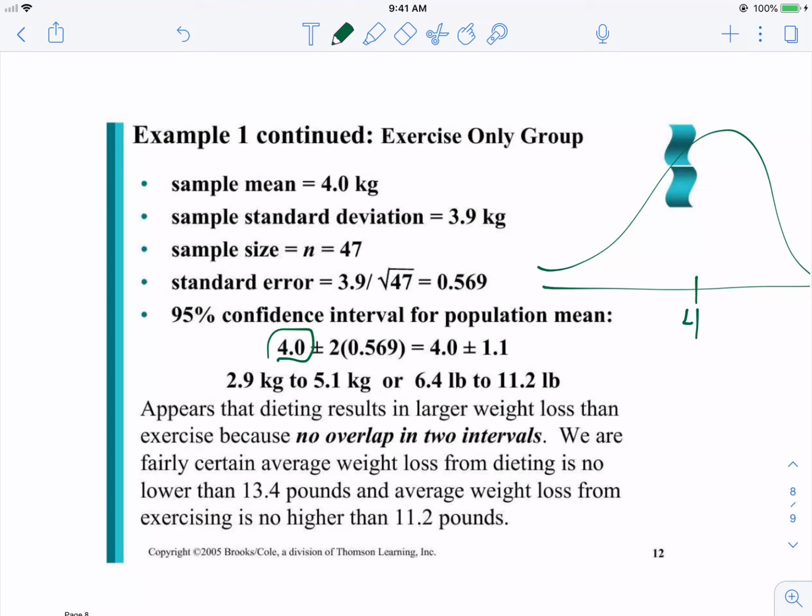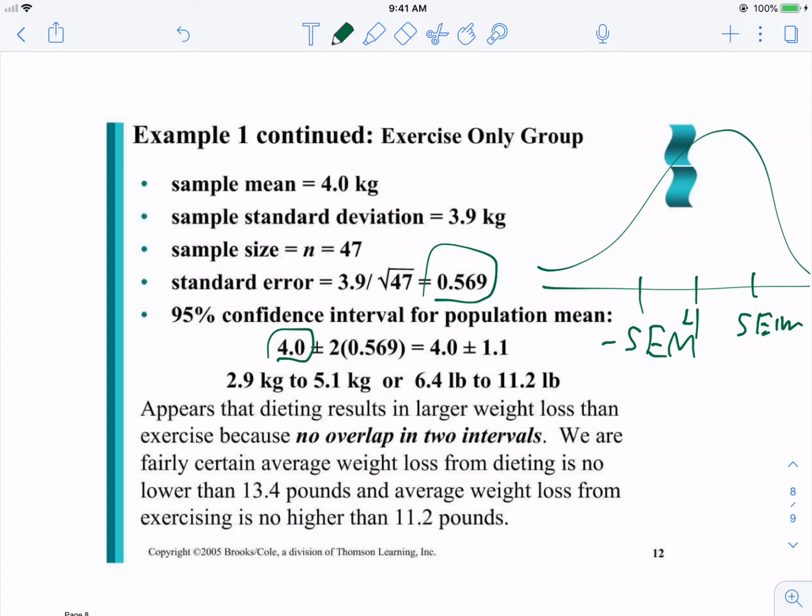So we have 4 right at the center of the curve. Their standard error in this case works to be about 0.569. So multiply by 2 of those. So we're going 1 standard error to the left, 1 standard error to the right.